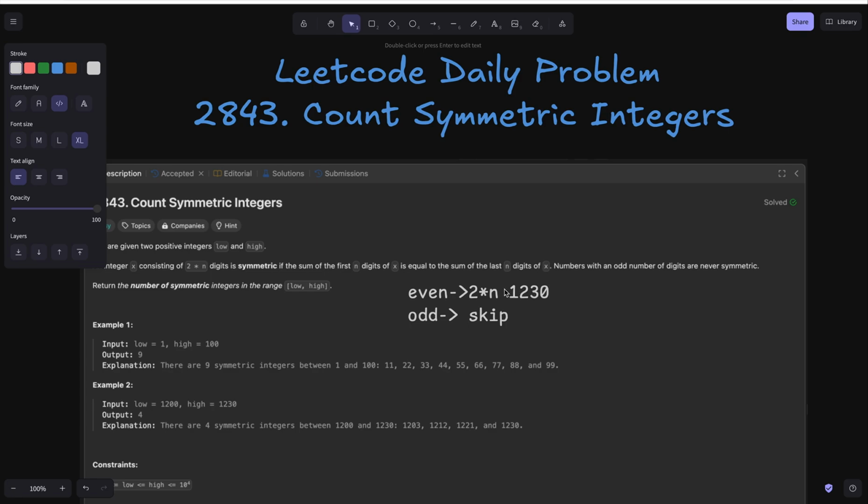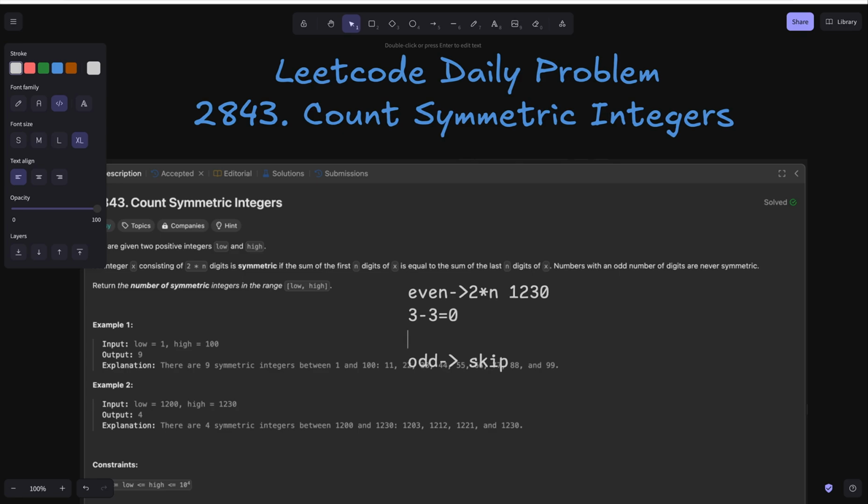If this number lies in the range of low to high, then it will be counted as one of the symmetric integers present. So to find a symmetric integer, the idea is that the sum of the first half should be equal to the sum of the second half. Here we are getting the sum 3, and we are also getting the sum 3 from the other half. If we do 3 minus 3, that gives us 0.